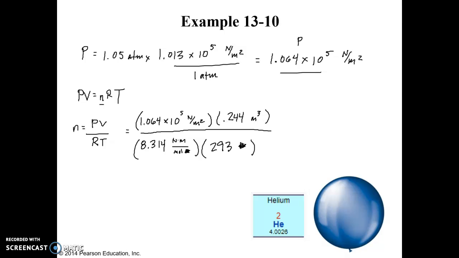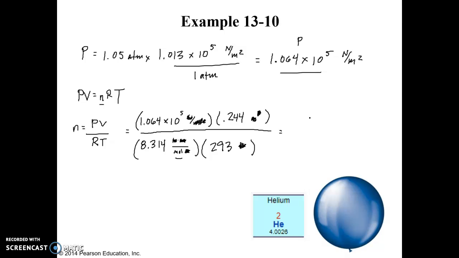The square meters here will cancel out 2 of these, so that cubic meters becomes meter. Since we're dividing by newton meters, the newton on top gets canceled out by that. That meter gets canceled out by that. And I'm left with 1 over moles on the bottom. When that gets flipped up to the top of the equation, it just becomes moles.